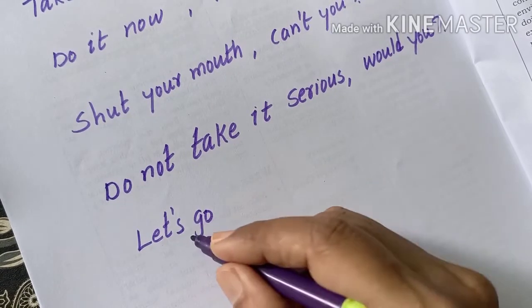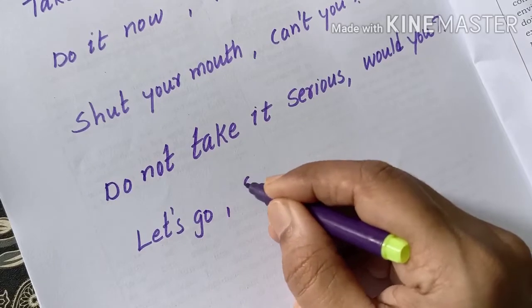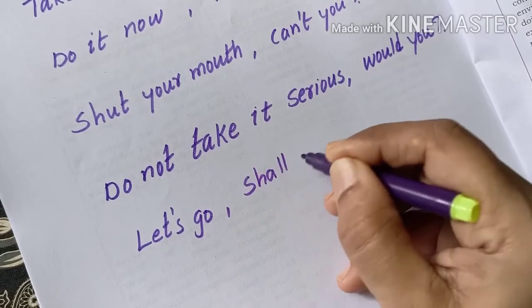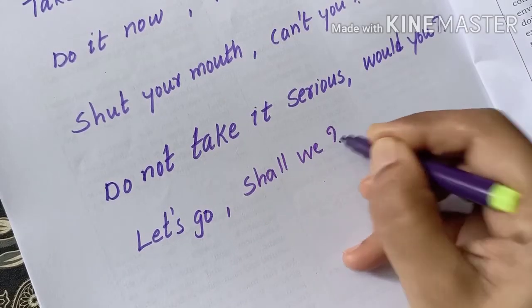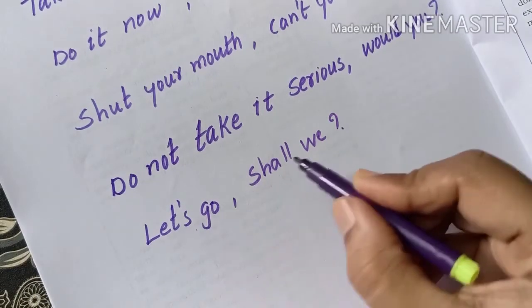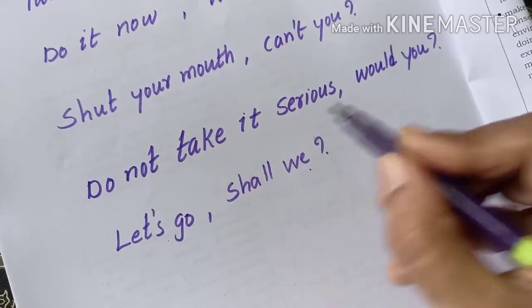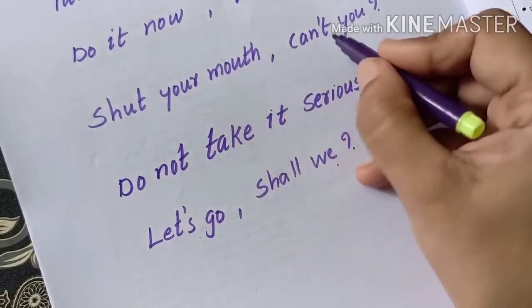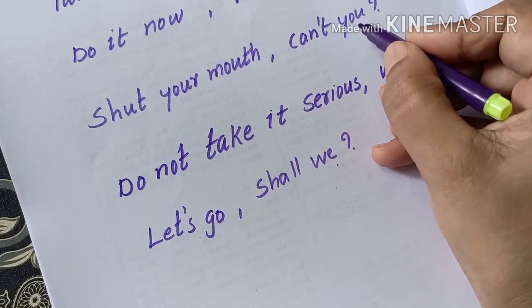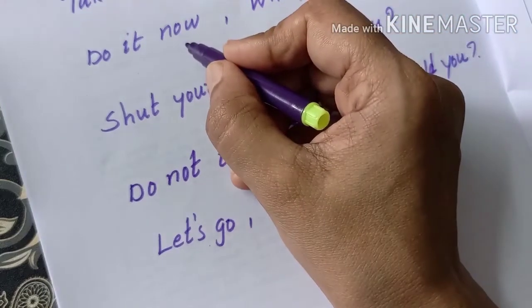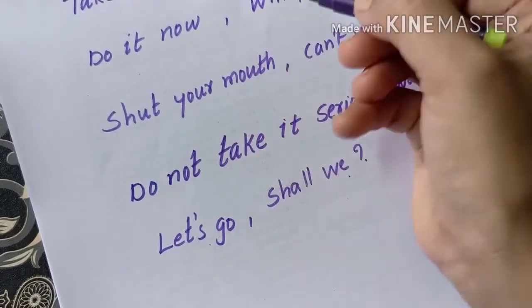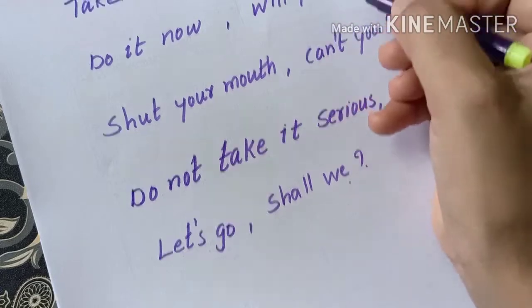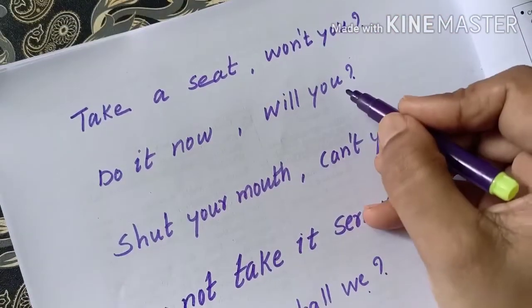Whenever there is let's, we will use shall we as the tag. So when there is let's, use shall we. To show more politeness, use would you. To show impatience, use can't you. And for positive sentences, use either will you or won't you.